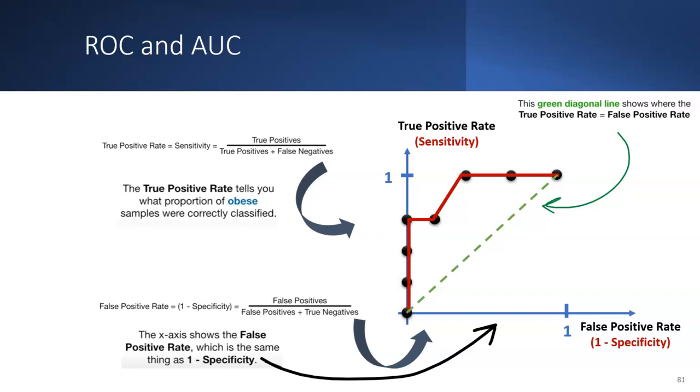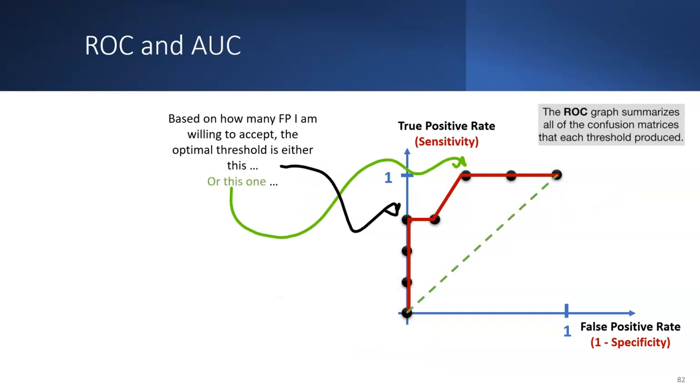This green diagonal shows where the true positive rate is equal to the false positive rate. These diagonal lines tell where the demarcation is. Based on how many false positives I'm willing to accept, the optimal threshold value is either this or this one, so there are two values you can see here.